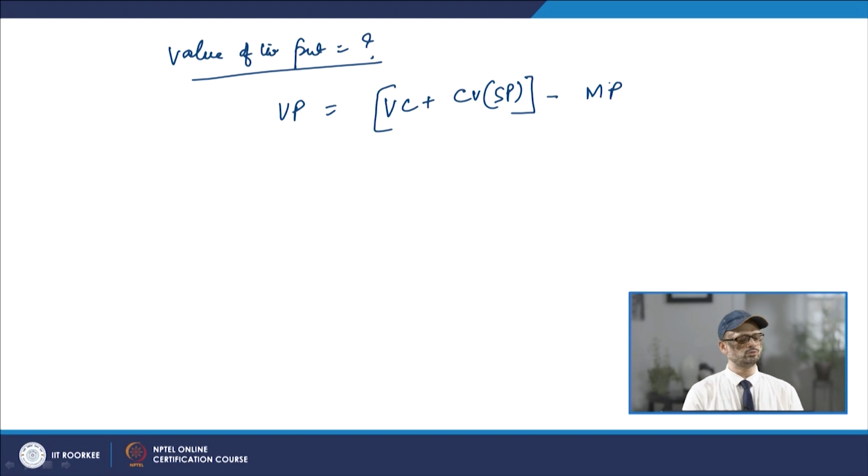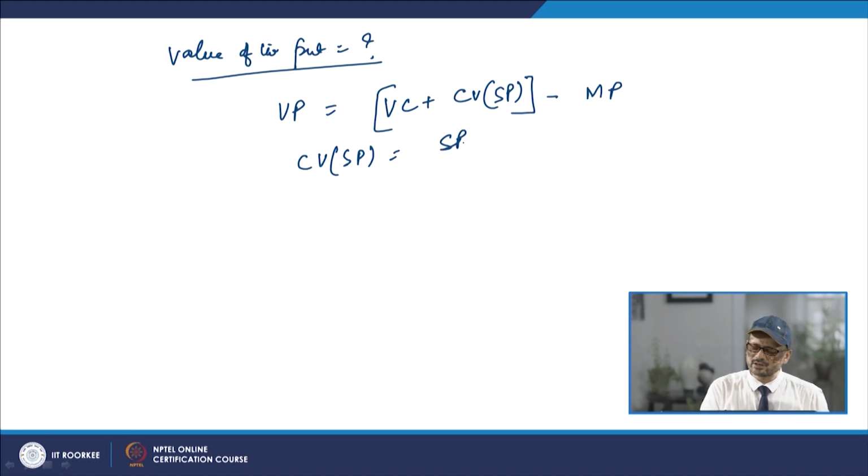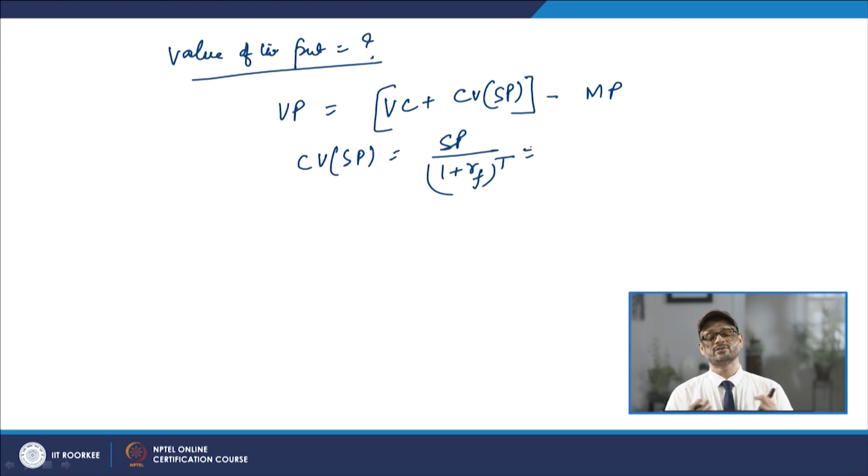That's how you calculate the value of the put. In this case, this will be the current value of the strike price. So it will be the strike price divided by 1 plus RF raised to the power T. So strike price is 90.